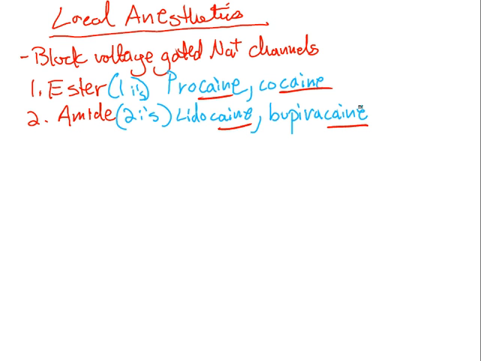Now, the characteristics of nerve fibers contribute to the efficacy of local anesthetics. So the size and the myelination of the fibers is what we're going to have to talk about.